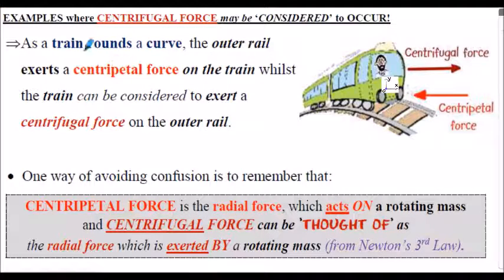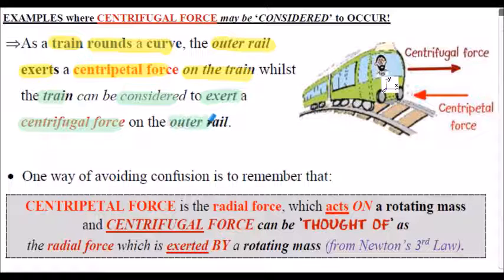Another illustration is when a train rounds a curve. Here the outer rail exerts a centripetal force on the train, producing the circular motion, whilst the train can be considered to exert a centrifugal force on the outer rail.